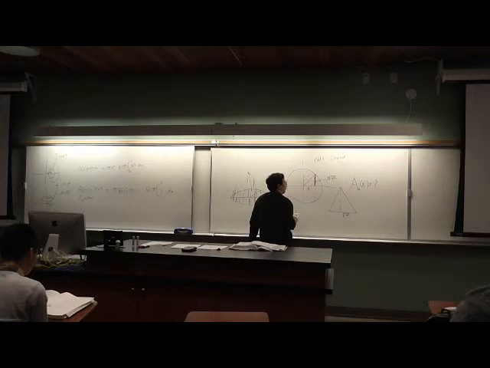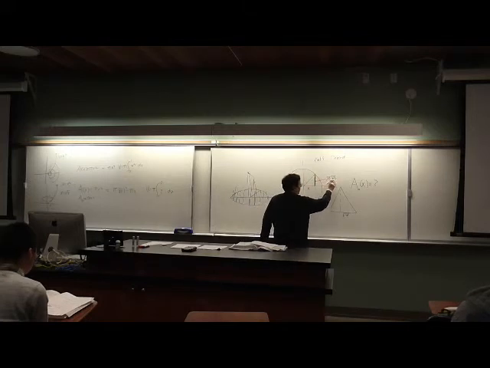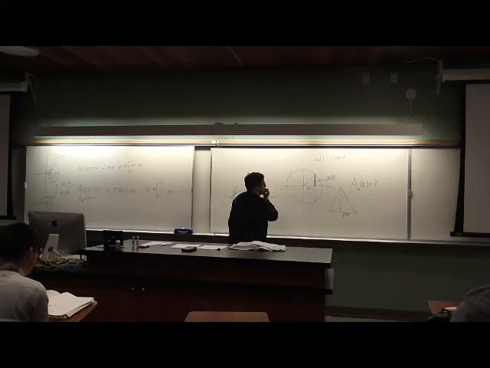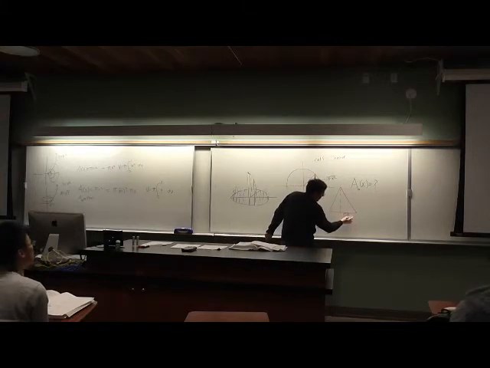So this half chord here, if this is x and this is the radius, which is 1, is the square root of 1 minus x squared. And that's half the base of my equilateral triangle.